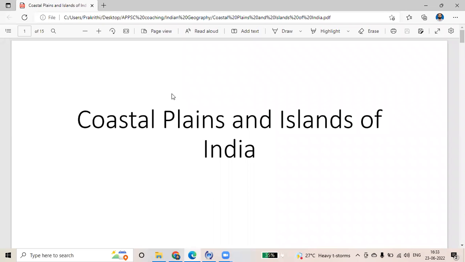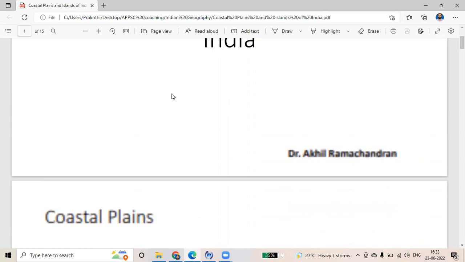So we have a great stretch of coastal area. And in between the sea and the Western Ghats and Eastern Ghats region, we have an extensive plain area. As it is coastal, we will say it is the coastal plain region.